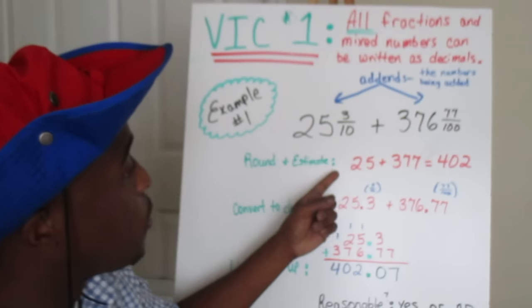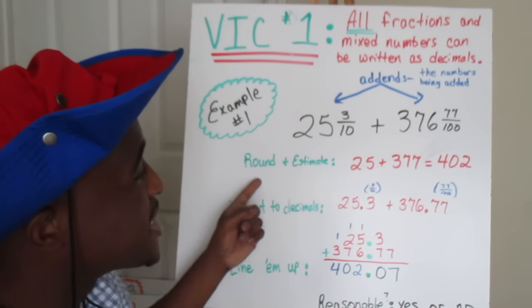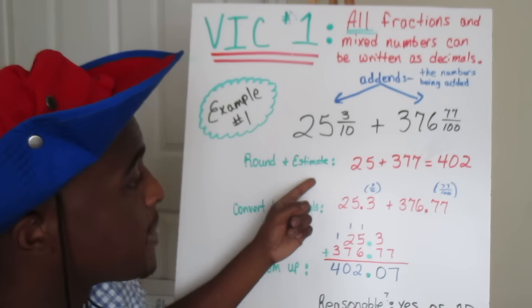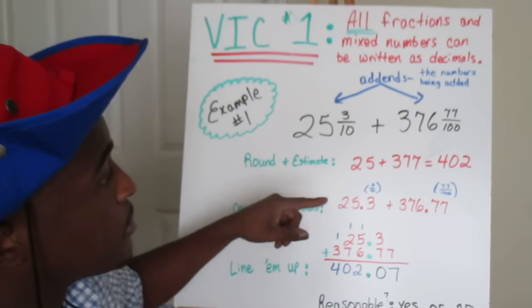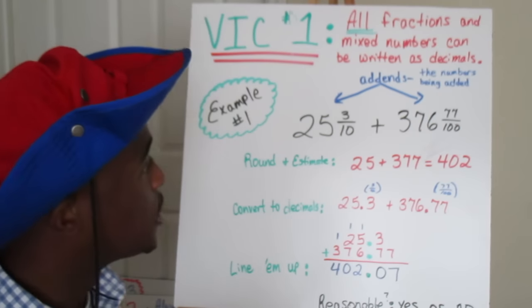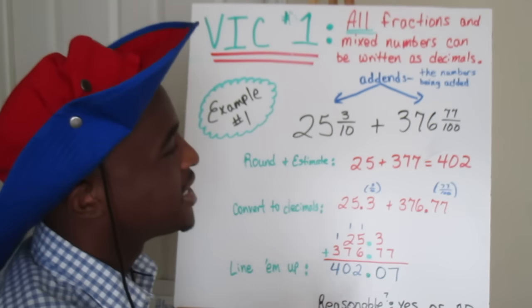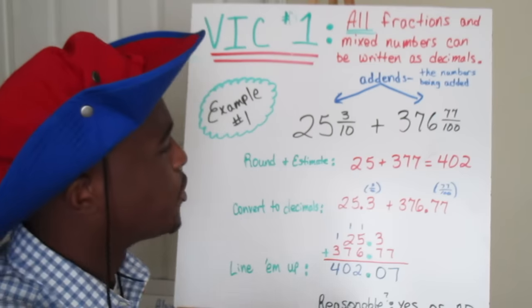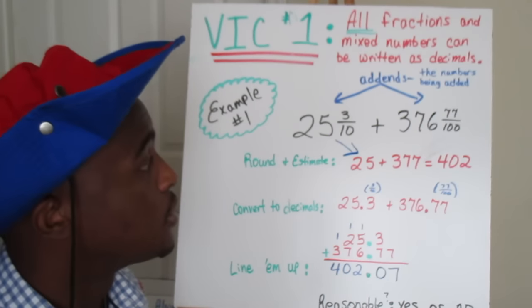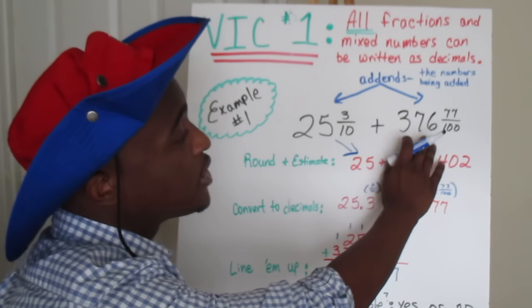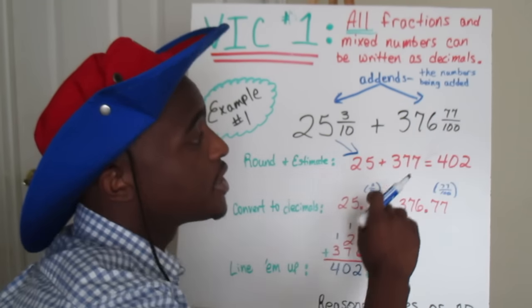One of the first things I want you to get used to is estimating your answer. We'll get to that in a little while, but we want to estimate our answer by rounding. So first, we can round 25 and 3/10. Well, that's about 25 if I round it to the nearest whole number. 376 and 77/100.